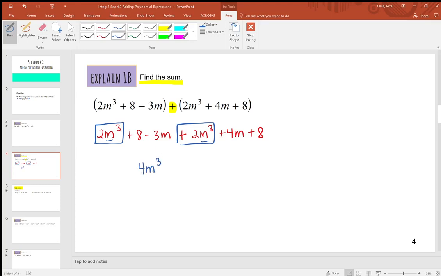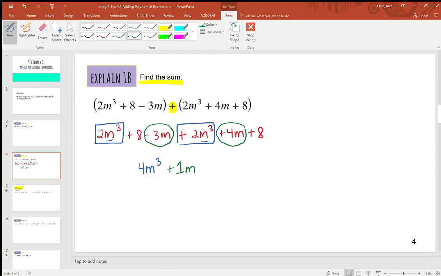We want to write our answer in standard form, so we have to make sure that when we write out our terms, our exponents are in descending order. So the next two terms I want to combine are negative 3m and positive 4m. When combined, you get 1m.